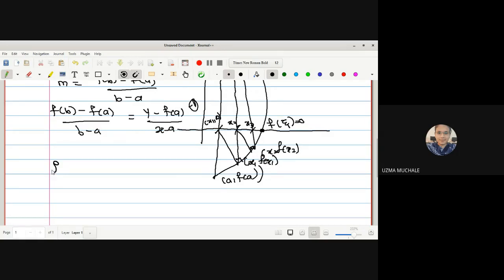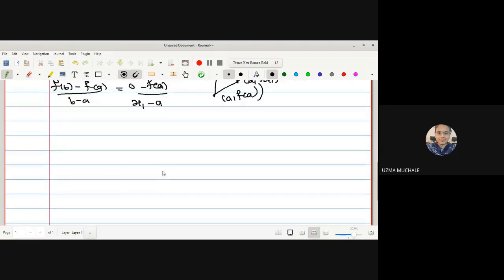So let me put it here: f of B minus f of A divided by B minus A, the value of y is 0 and x is equal to x1, minus A. Okay. Now let us go to the next. What we have to do, we have to put it as x1 minus A, it is equal to minus f of A into B minus A divided by f of B minus f of A.